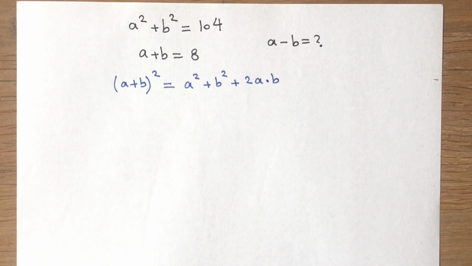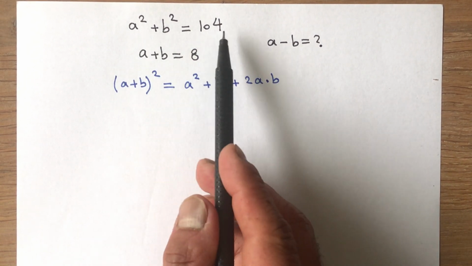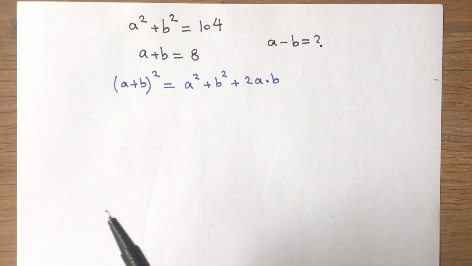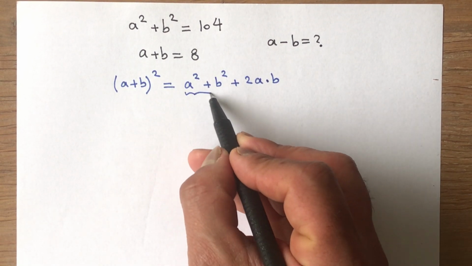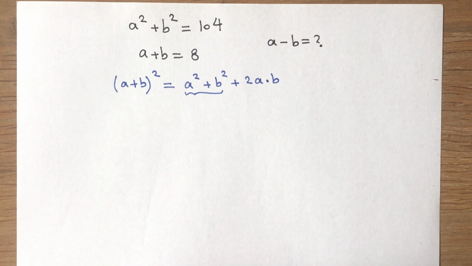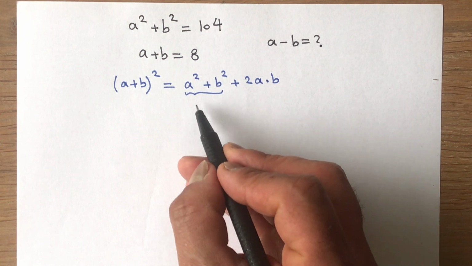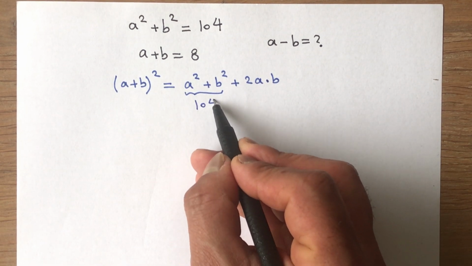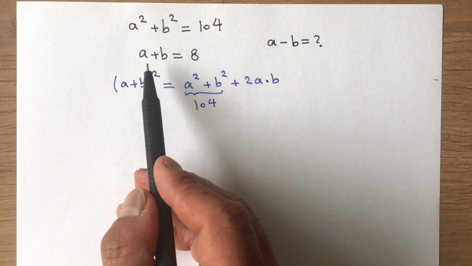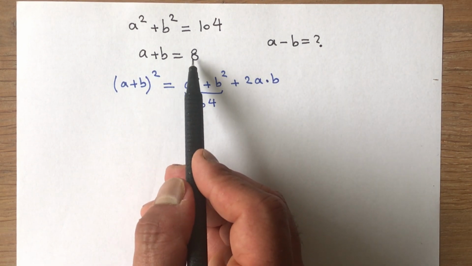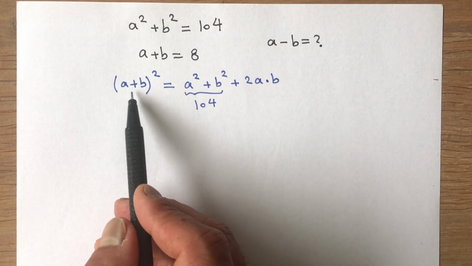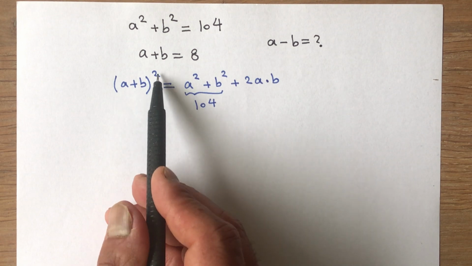And you can see from this equation that we have a squared plus b squared equals 104, and we also have a plus b is 8. And from here, a plus b is squared.